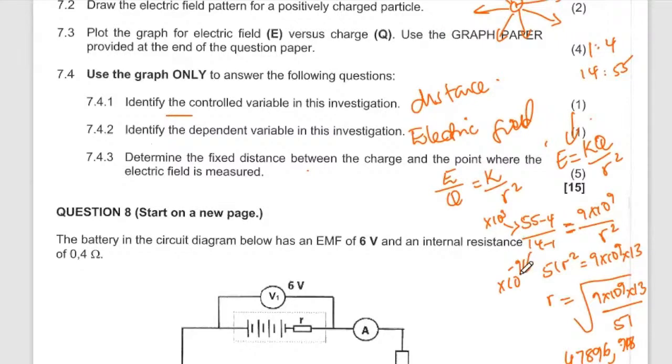So when I simplify that, it's going to give me 51 times 10 cubed, and then this is times 10 to the negative 9, and then times 10.